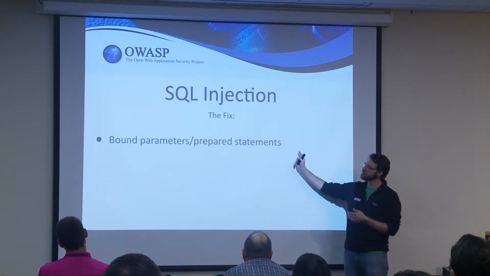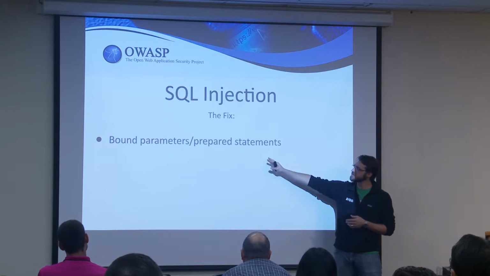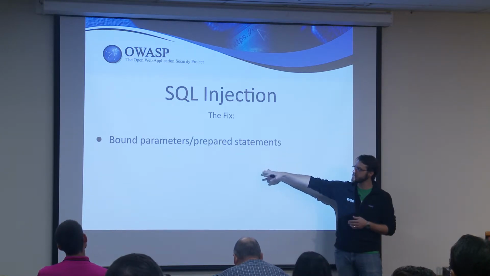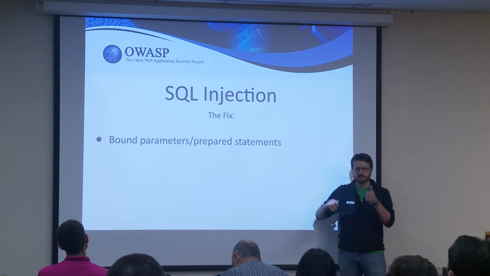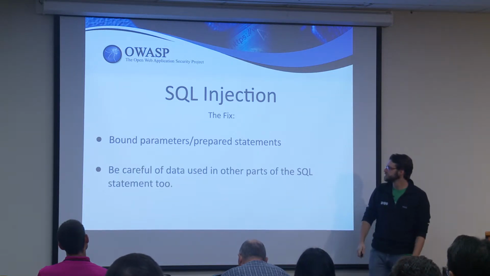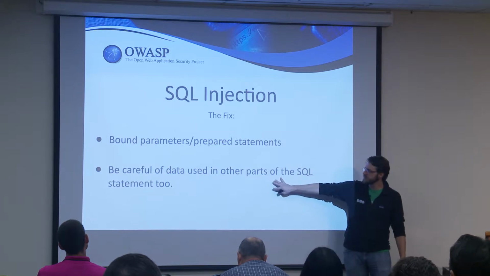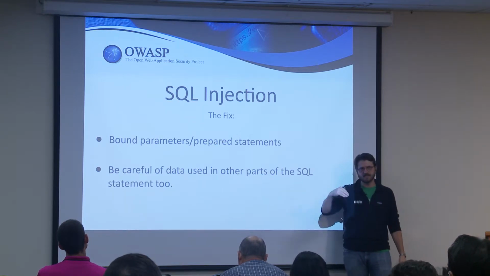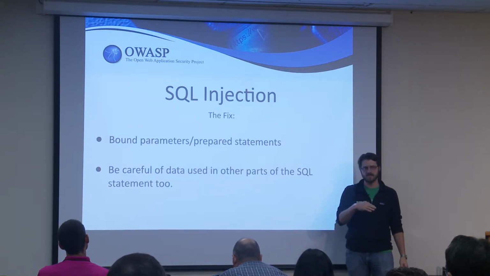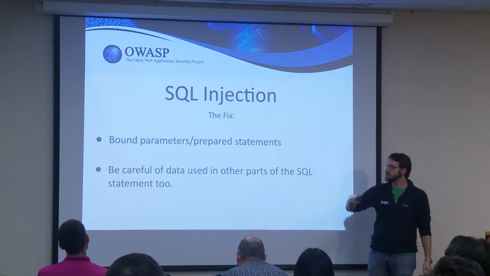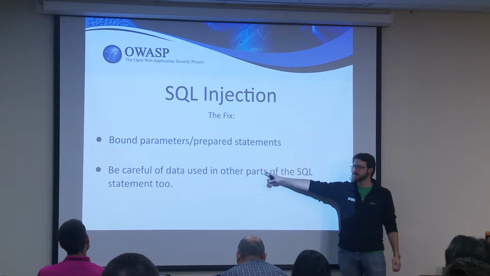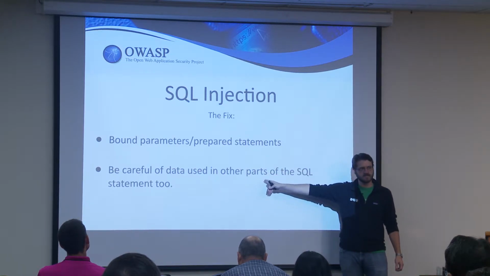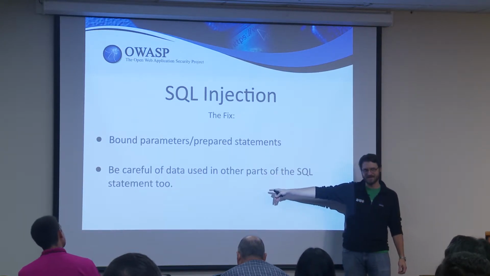So the main fix, obviously, for SQL injection is bound parameters and prepared statements. Is everybody familiar with what those are? Yes? Awesome. Okay. You also have to be careful because sometimes that data that the user is inputting is used in other parts of the SQL statement. You can use these bound parameters and prepared statements like a where clause, but if you're letting a user enter a piece of information that's a table name, that's a terrible idea.